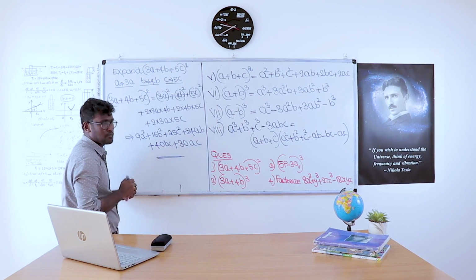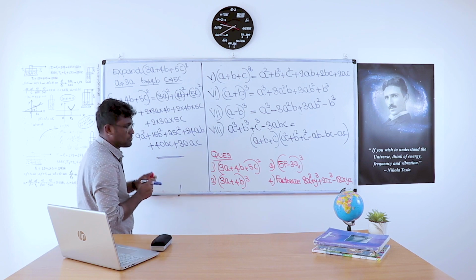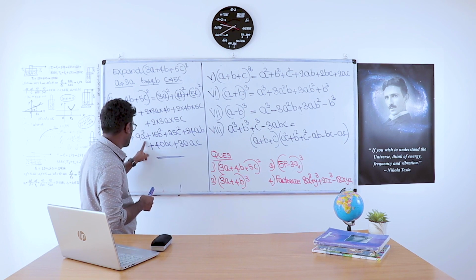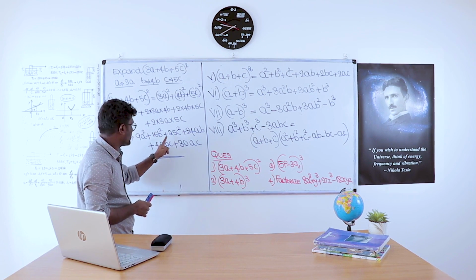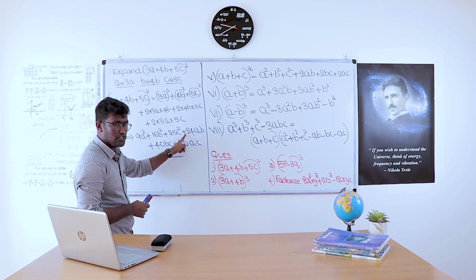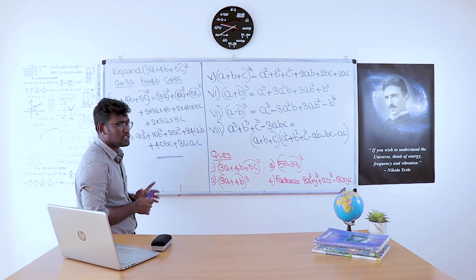So this is the expanded form of (3a plus 4b plus 5c) the whole square, that is equal to 9a square plus 16b square plus 25c square plus 24ab plus 40bc plus 30ac.